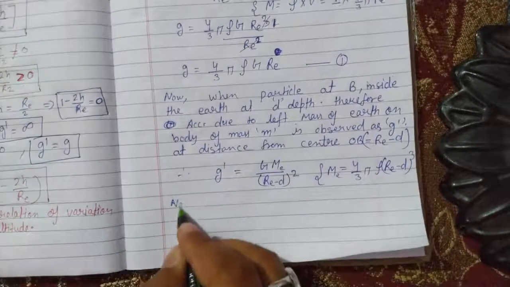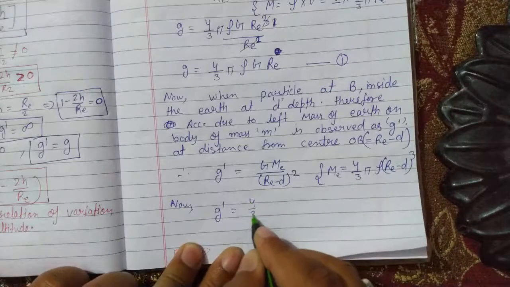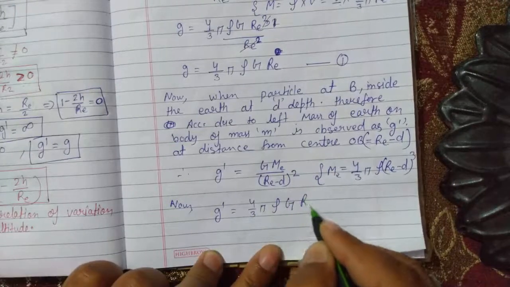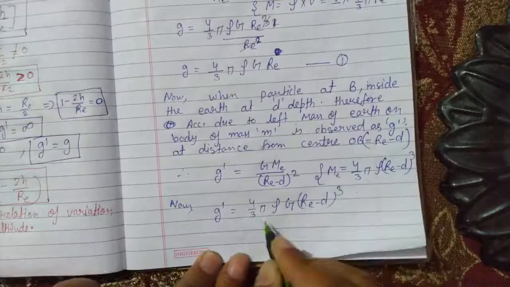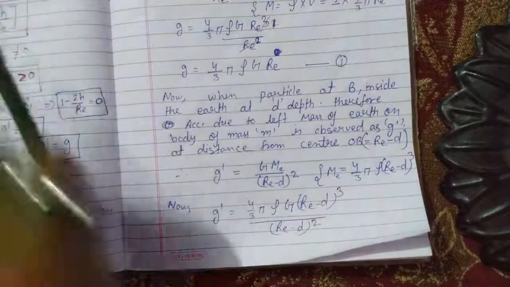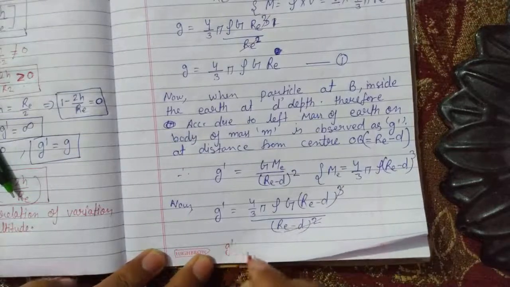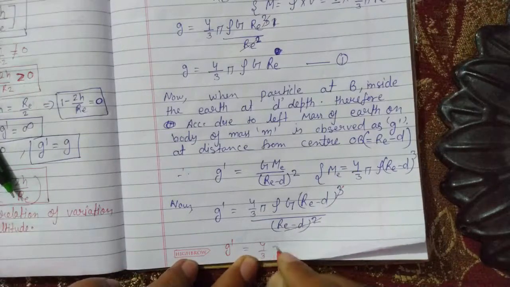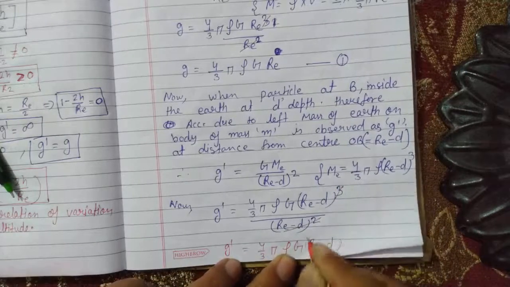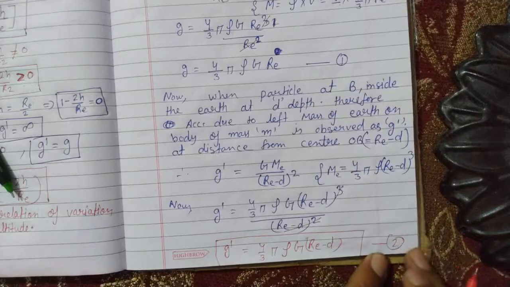Now this result becomes g' = 4/3 π ρ G (Re - d)³/(Re - d)². Here we observe the denominator cancels with the cube, and the result becomes g' = 4/3 π ρ G (Re - d). This is equation second.